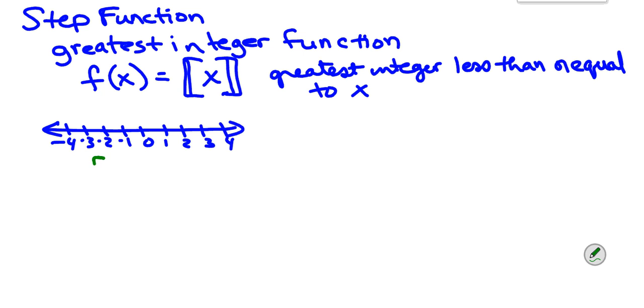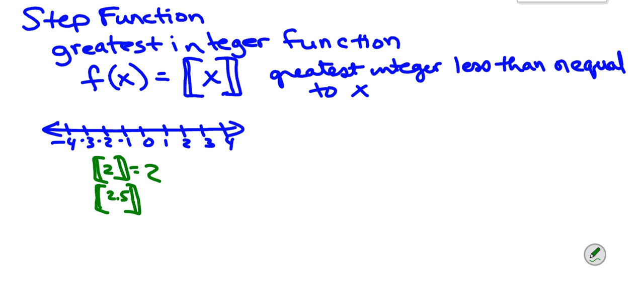Do you agree that the greatest integer of 2 is just 2? Because the biggest integer less than or equal to 2 is 2. The greatest integer of 2.5 is also 2, because it's asking what is the biggest integer less than or equal to 2.5.